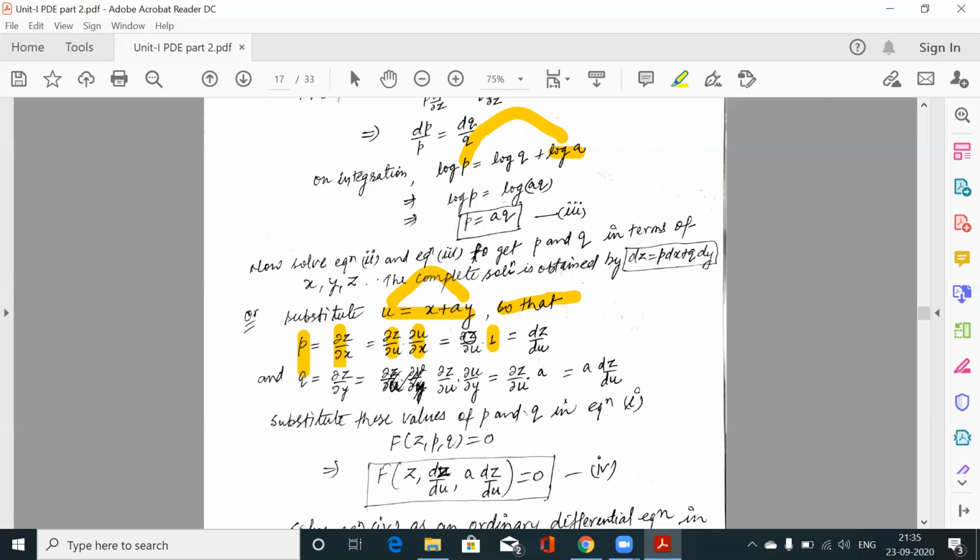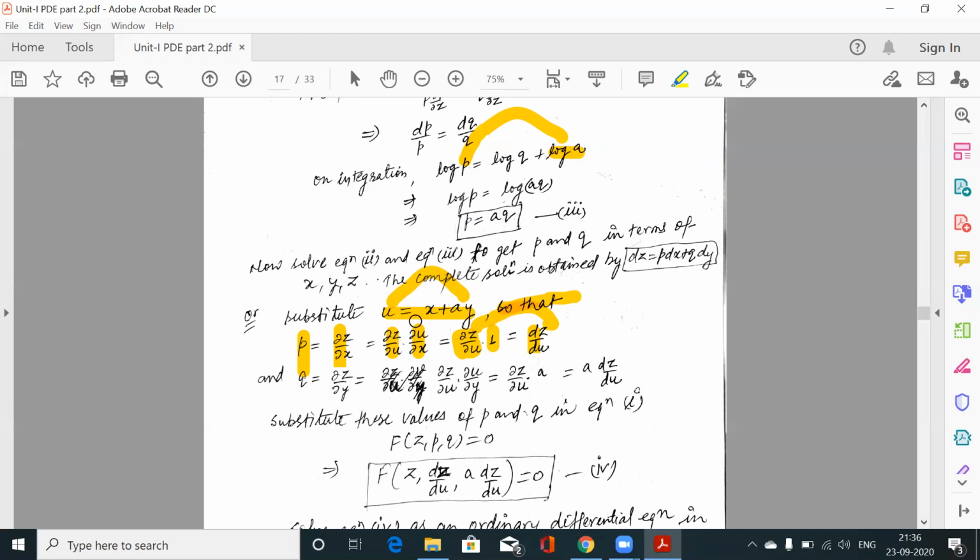So what we are getting is del z over del u. And now this is partial. Now we are writing it as an ordinary derivative. Del z over del u, we are writing as dz over du. Why? Because initially z was a function of x and y, meaning two independent variables, so the derivatives are partial. But now we have converted the two independent variables into a single independent variable u.